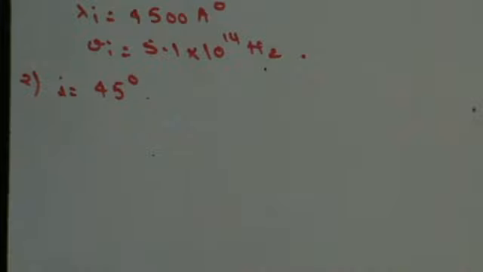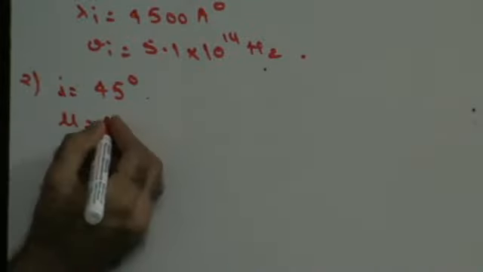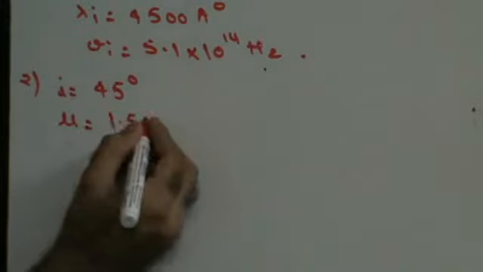Find, first part of the question, the angle of refraction, and second part of the question, the angle of deviation, if the refractive index of glass is 1.566.